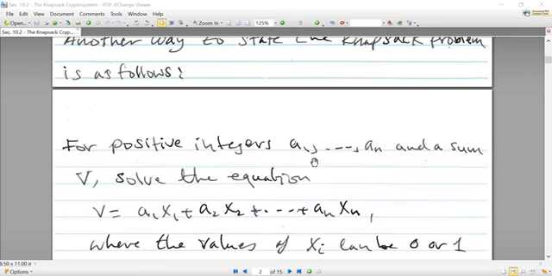Given positive integers A1 up to An and a sum V, we want to solve the equation V = A1 x1 + A2 x2 + ... + An xn, where we solve for the x sub i's, and the values of the x sub i's can be either 0 or 1. 0 means do not include this volume A sub i in the knapsack, and 1 means put it in the knapsack.